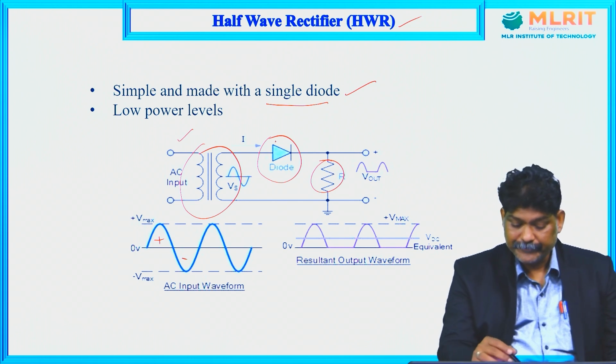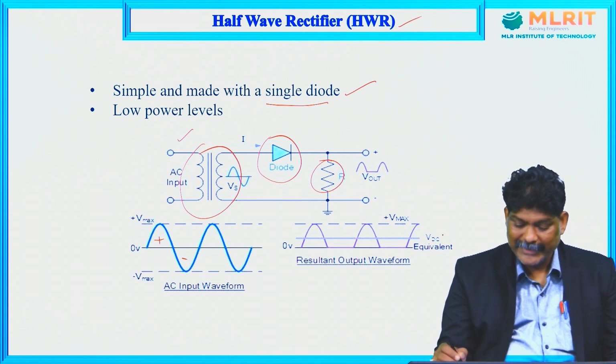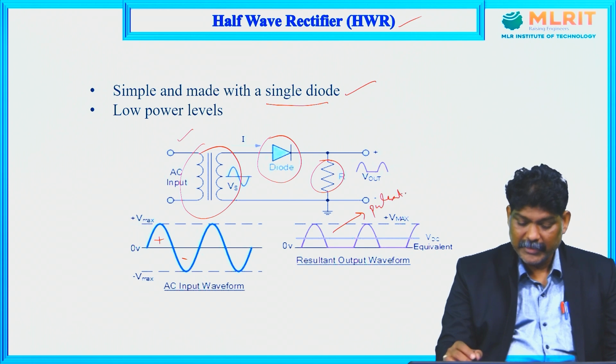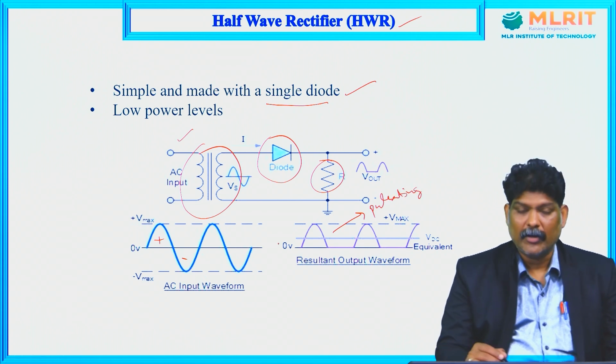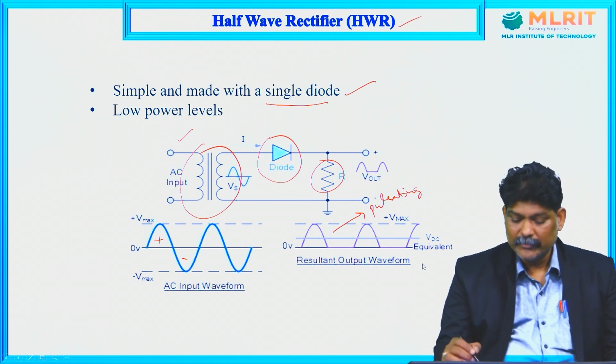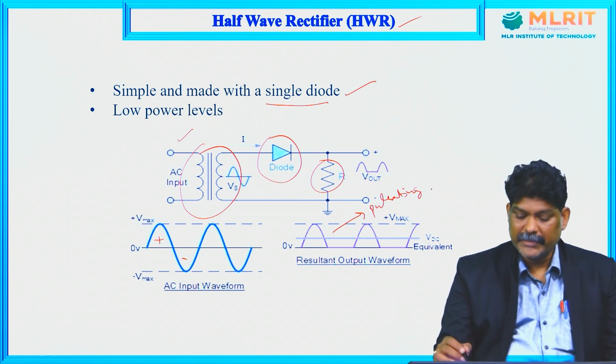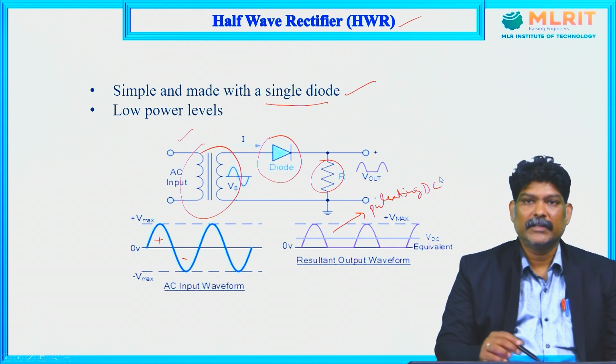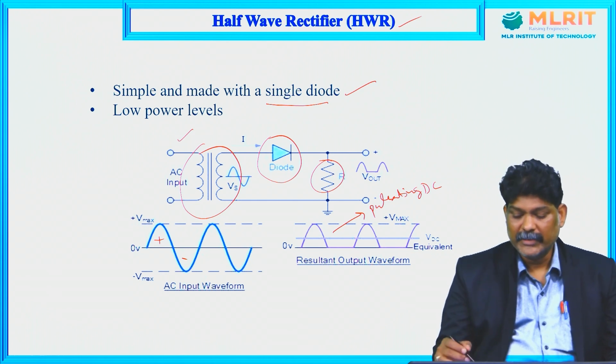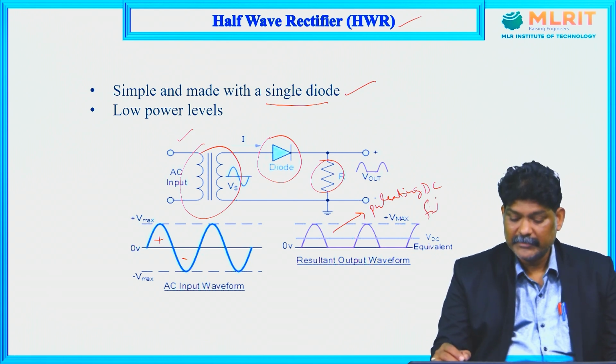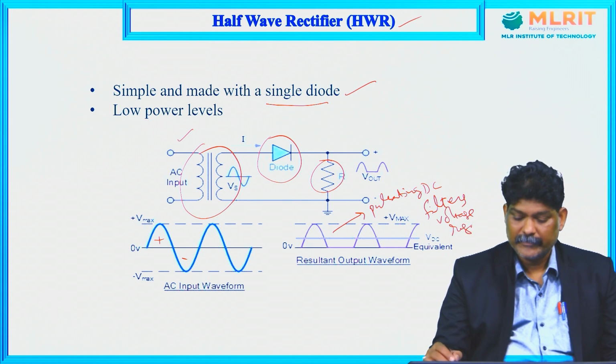And this is the resulting output waveform, pulsating DC. We again require some more circuits to convert this pulsating DC into pure DC using filters and then a voltage regulator. This we have discussed in the starting class.